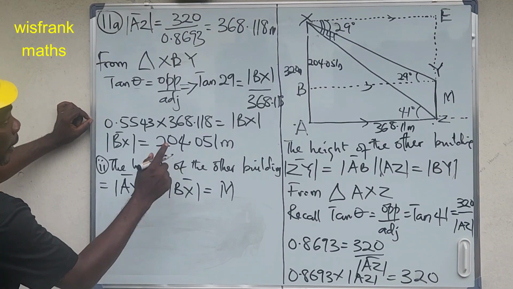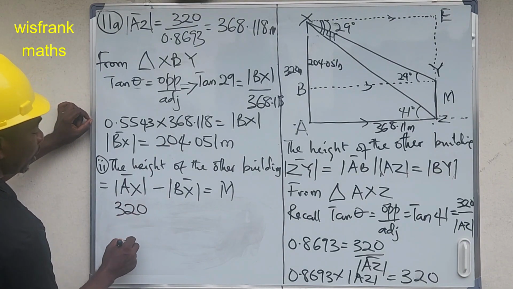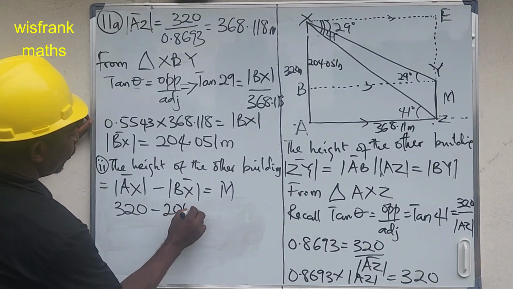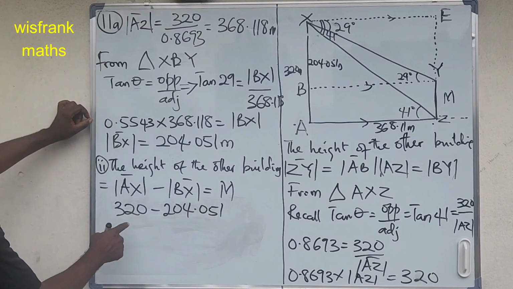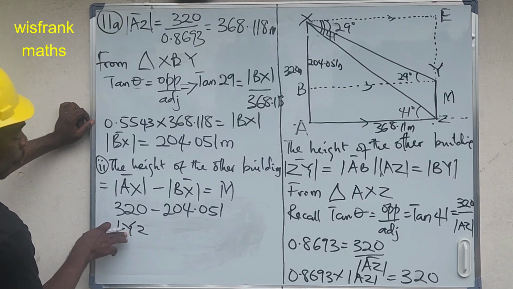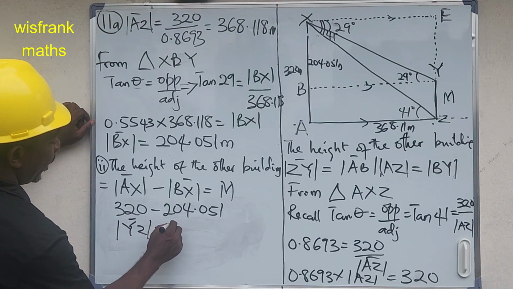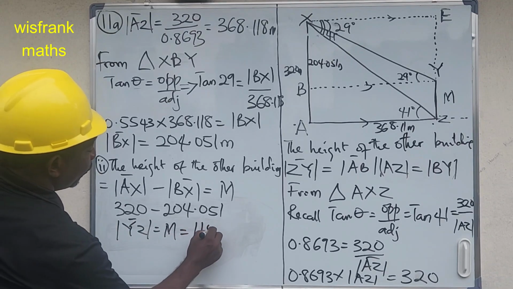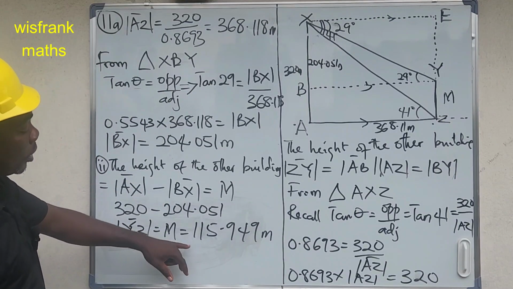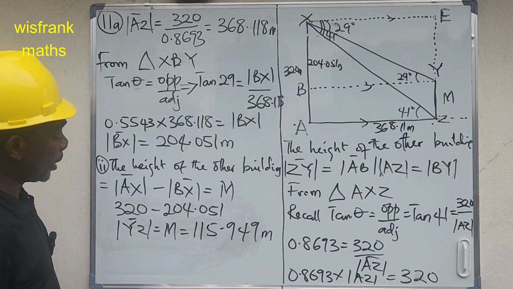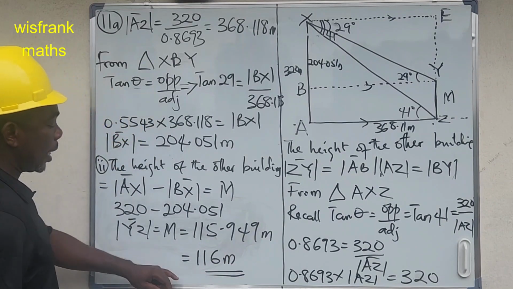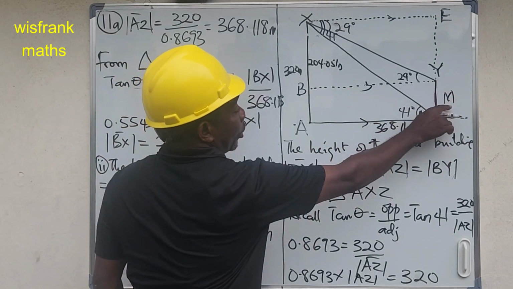Line AX is 320 minus line BX, which is 204.051. When we subtract this, we have line YZ, which is equal to our M, and it is 115.949 meters. The question says we should correct to the nearest meter, which is 116 meters. So this is the answer to the height of the other building, which is our M.